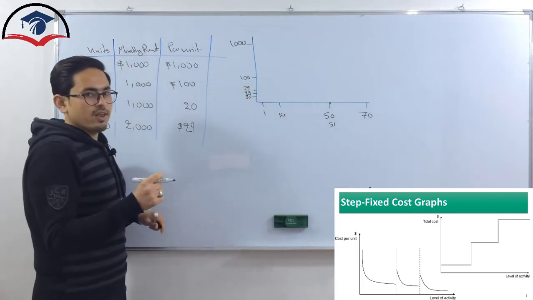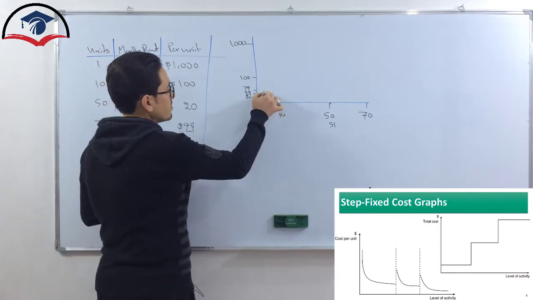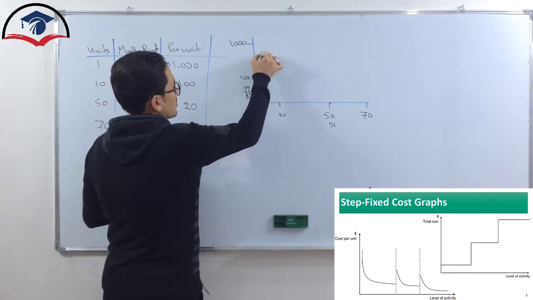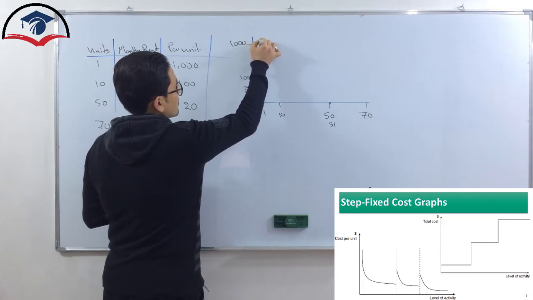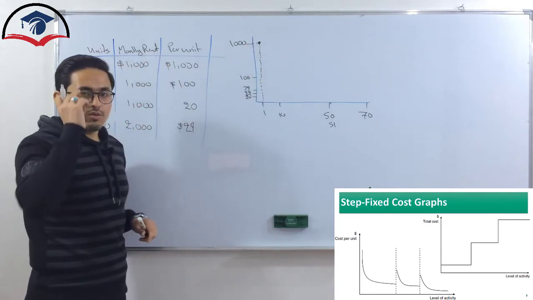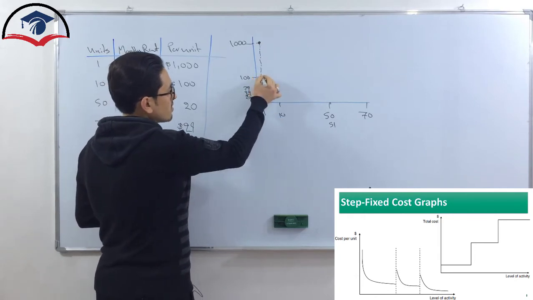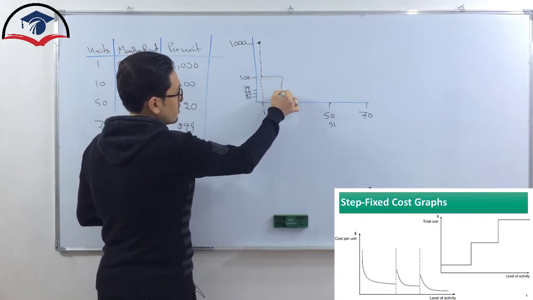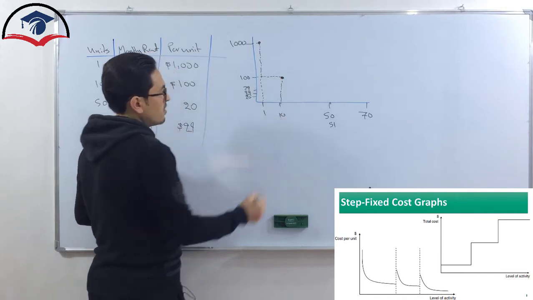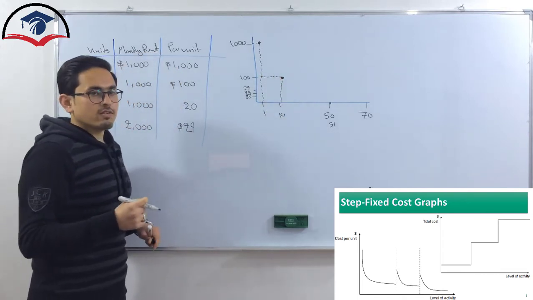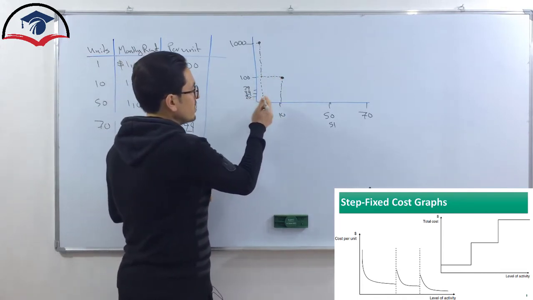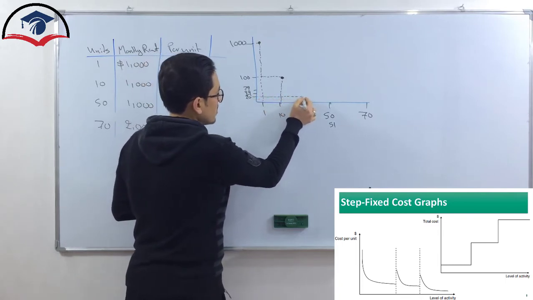So let me draw the lines. For one student, the cost is here, $1,000. If it reaches 10 students, the cost is $100, here. For 50 students, the cost is $20. Here it is.